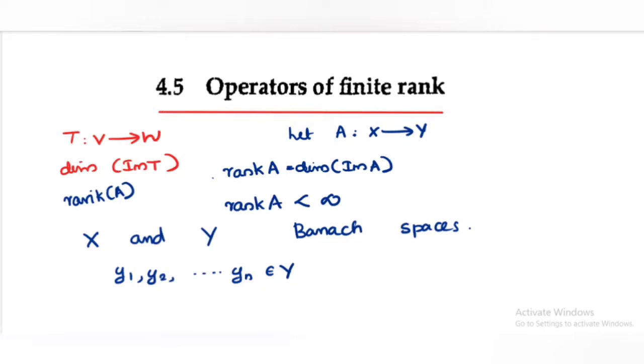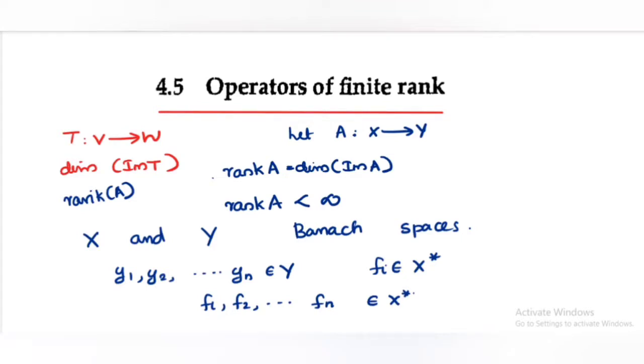And you choose some fi belonging to X star. X star means linear functionals, so fi is a linear function. So we can correspond f1, f2, etc., fn, which belong to X star.